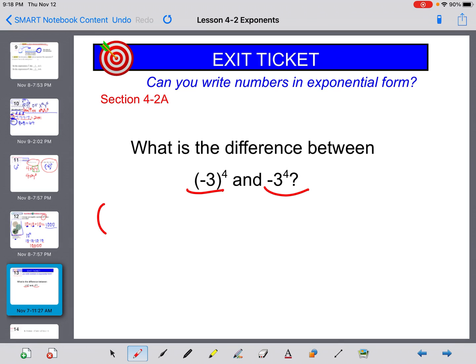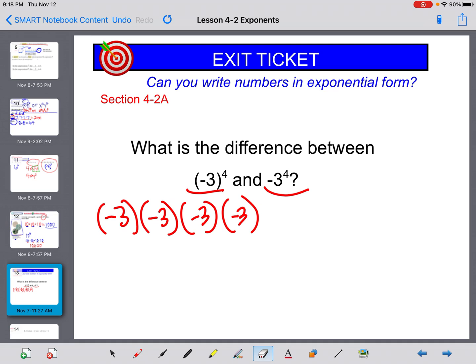Okay, the first one, or the left one, I expanded out with parentheses. The right one, very tricky. Only the 3 gets repeated 4 times because 4 is attached to the 3, not the negative.